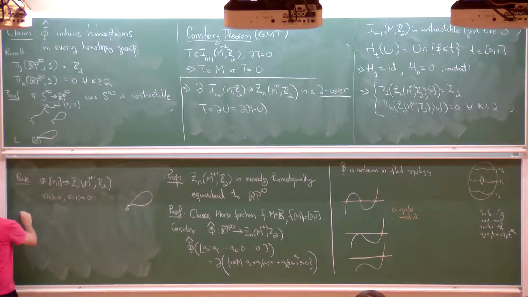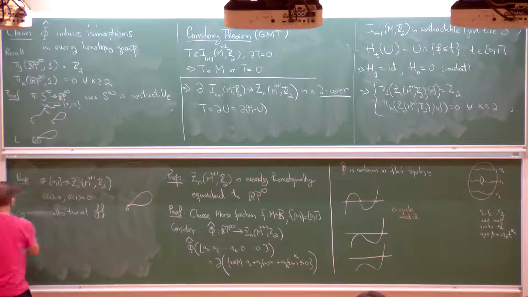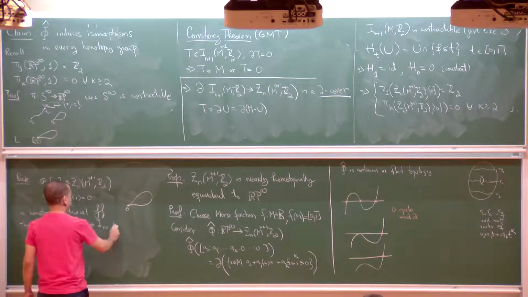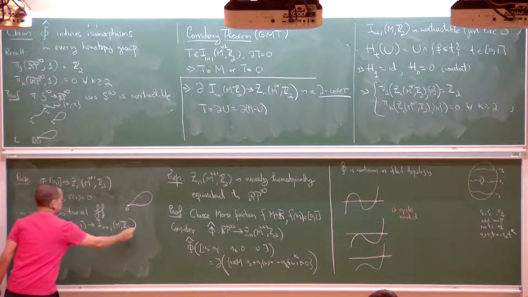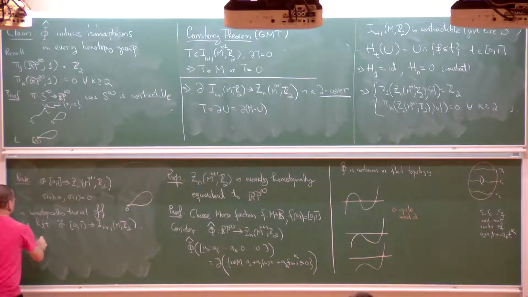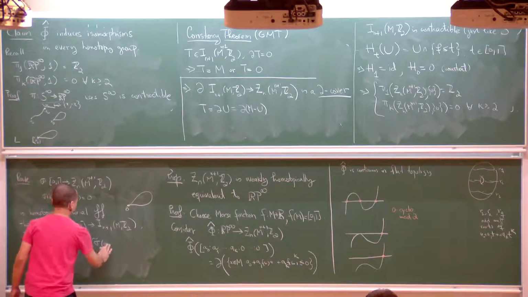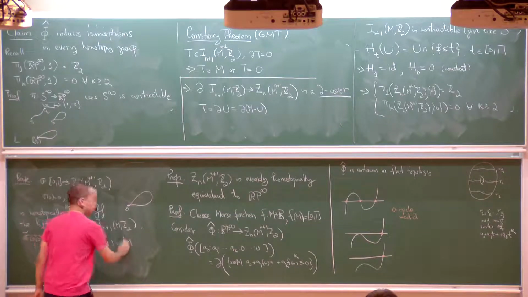So this guy is homotopically non-trivial if and only if the lift, say sigma tilde, to the space of chains, such that sigma tilde of 0 is equal to the 0 chain, satisfies that sigma tilde of 1 is the whole manifold.